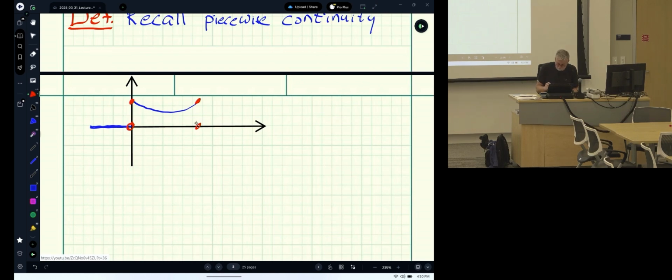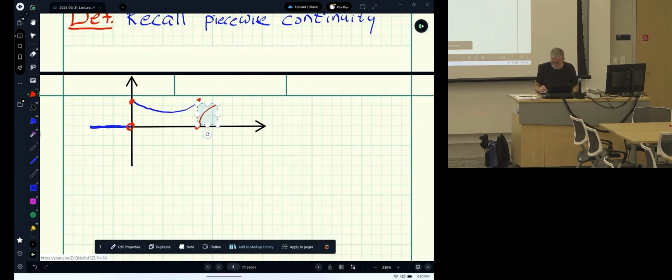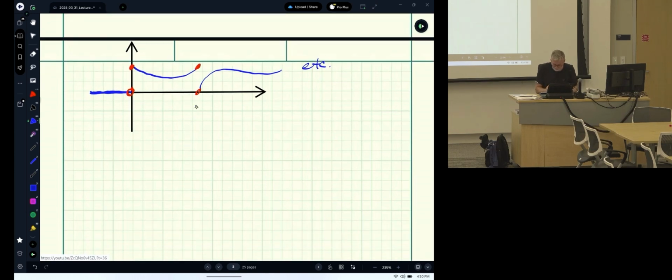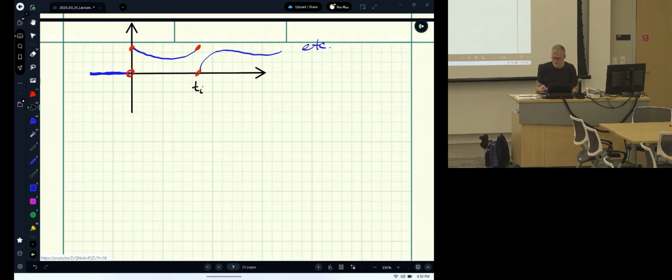Oops, it doesn't need to be there, but it could. Etc. So this is a point of discontinuity, okay?